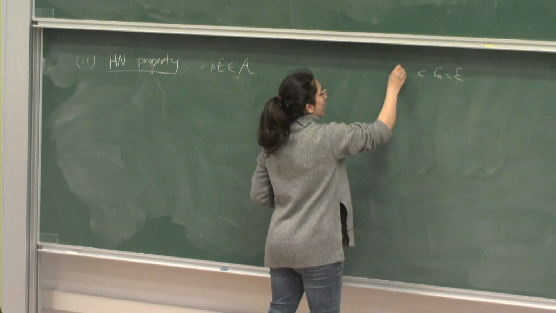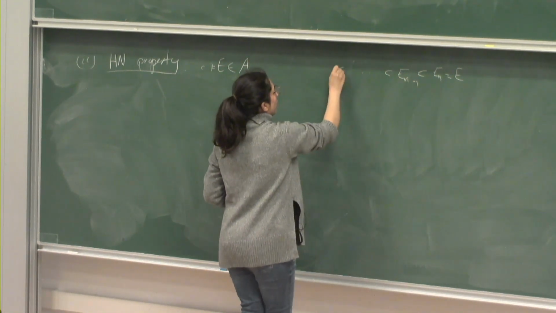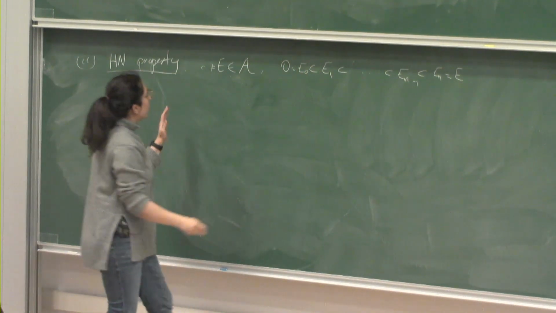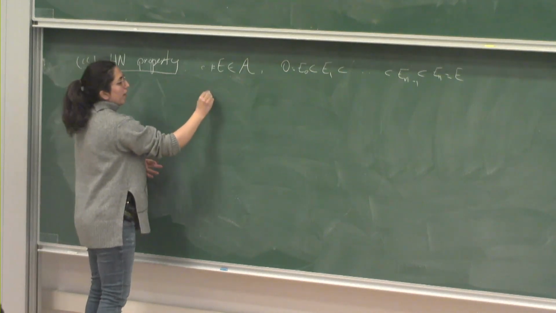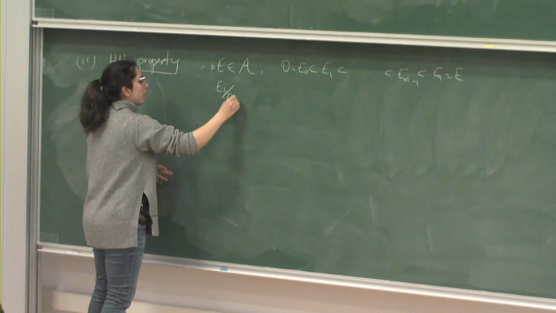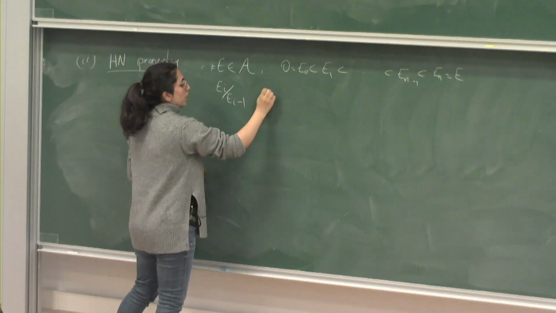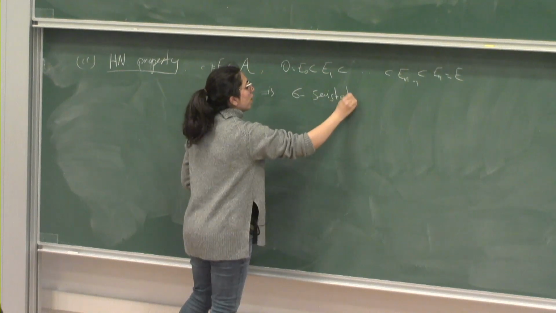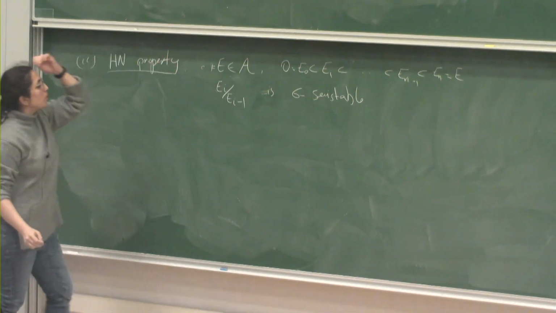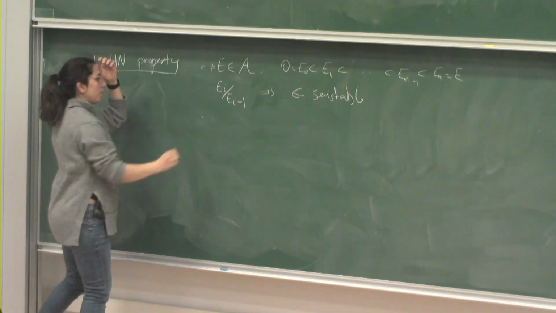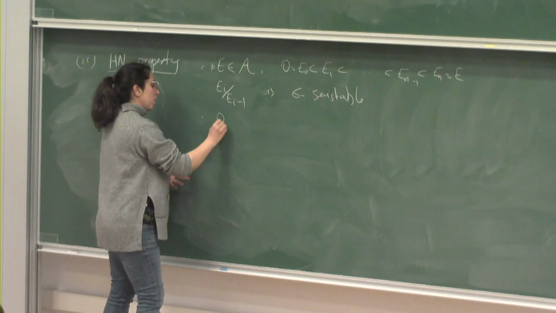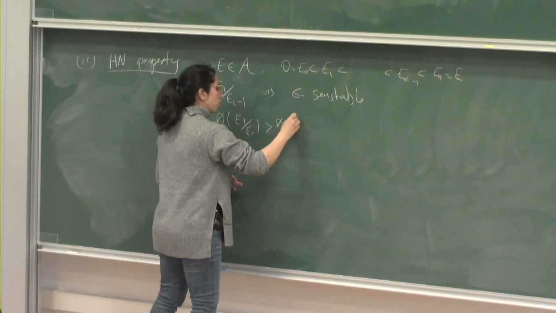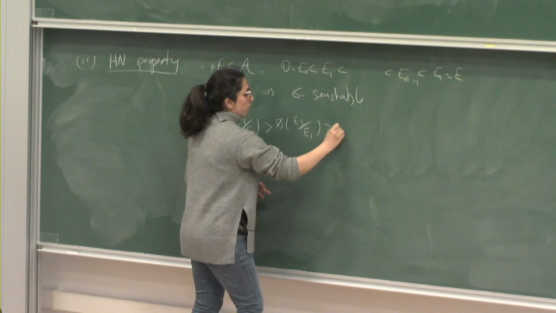This is exactly what we had for mu H stability. So it's a filtration so that each of these factors, E_i over E_{i-1}, is sigma semi-stable, which I just defined. And I want the phases to decrease: the phase of E1 over E0 is bigger than the phase of E2 over E1, and so on.